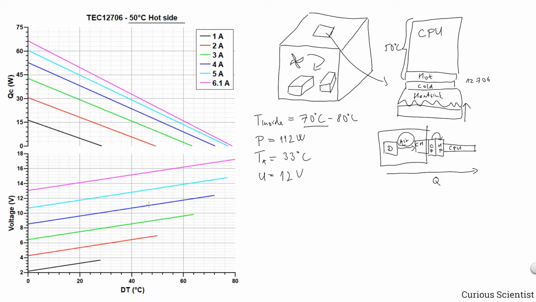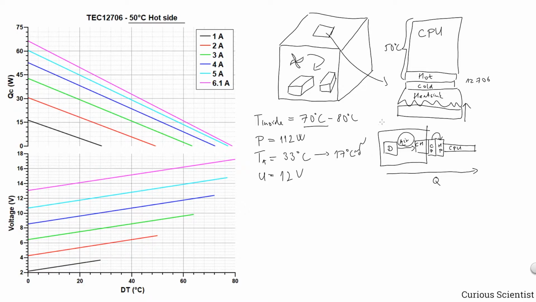We assume, and that's actually a good assumption, that we have like 17 degrees difference here. So this is some delta here. That means that if our CPU cooler is very good, then we might be able to maintain the 50 degrees Celsius on the hot side. So first of all, this is one of the assumptions that we apply.